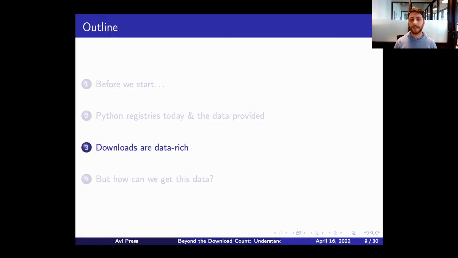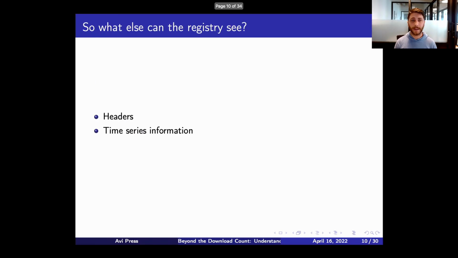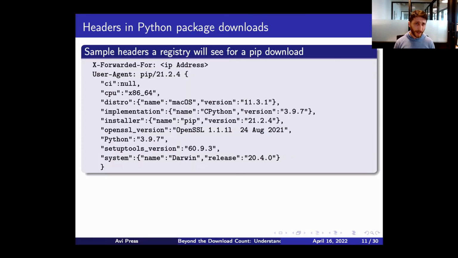But ultimately, downloads have a lot of data in them. The registry can see a lot of information in the headers. There's also a lot of information just in the time series of how packages are accessed. So when, for instance, someone runs a pip install against a registry, the registry will see a whole lot of information in the headers. One is the IP address of the client.